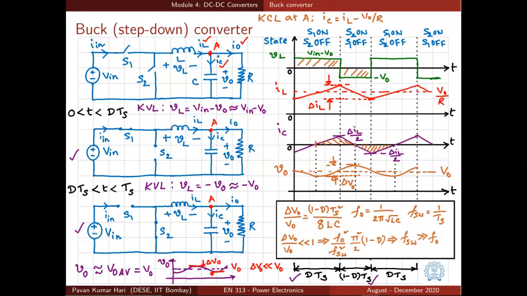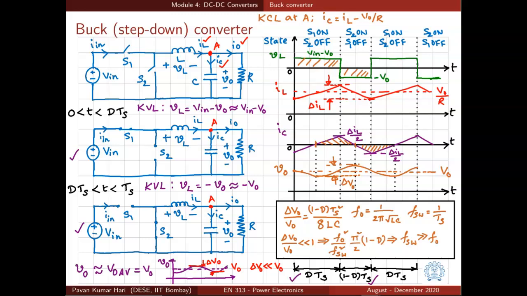This relation between delta VO by VO can also be seen in terms of the frequencies. For example, we define the frequency of this LC as 1 by 2 pi root LC, which is known as the corner frequency of this LC filter or resonant frequency of this LC. So if we define FO as 1 by 2 pi root LC, and we already know that FSW is 1 by Ts, the delta VO by VO expression can be rewritten as FO square by FSW square into pi square by 2 into (1 minus d).